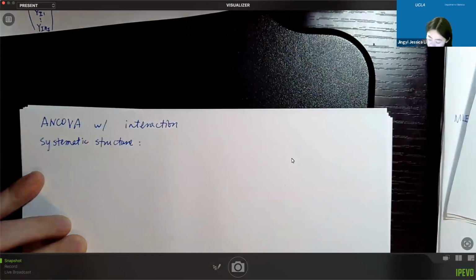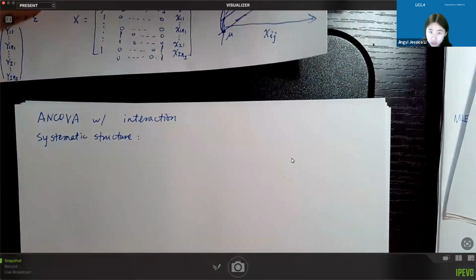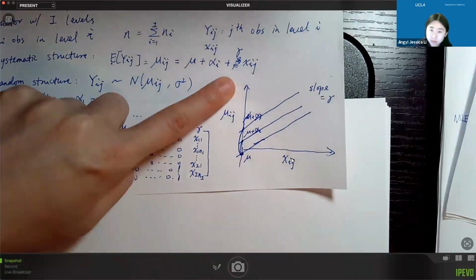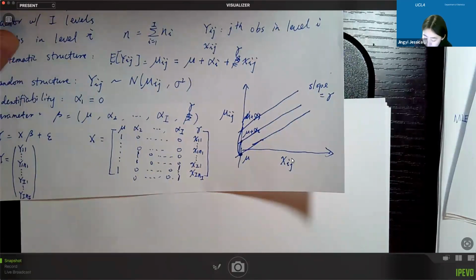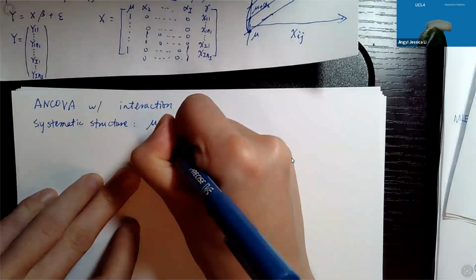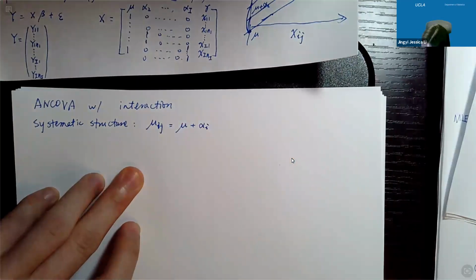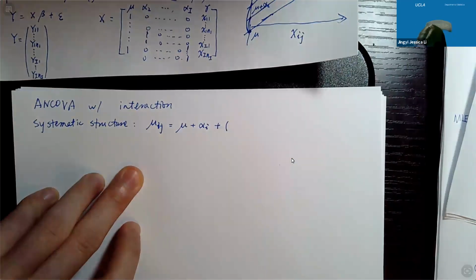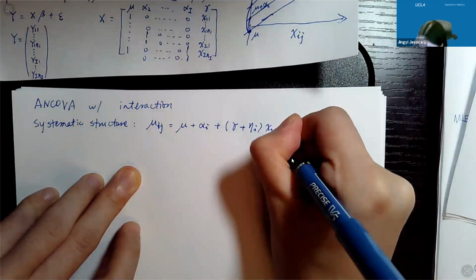So previously we had this mu ij equals mu plus alpha i plus gamma xij. Now this common gamma would also involve some i to reflect the level. So we can change this to mu ij equal to mu plus alpha i. This is the intercept part. And for the slope part, we can write gamma plus eta i xij.